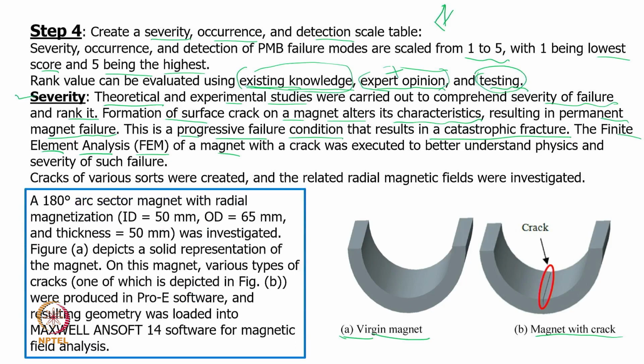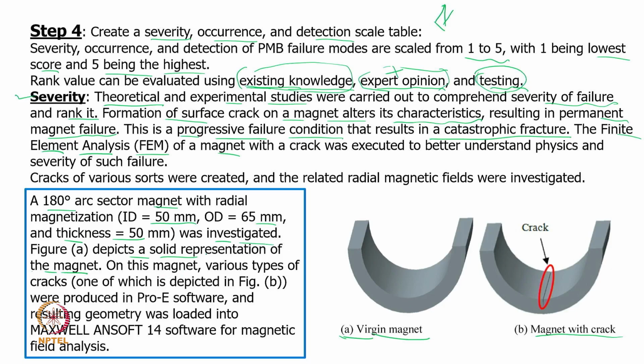For the virgin magnet, we took a 180-degree arc sector magnet. ID was given as per the requirement, OD was given, and thickness was given, and a length was utilized. Here we are showing a solid representation, and we used the ProEngineer software to model it. In the beginning of the FMEA I mentioned that we require the drawings or a 3-dimensional model to utilize the FMEA in a better manner.